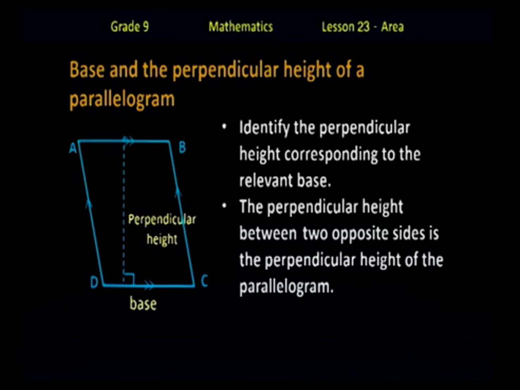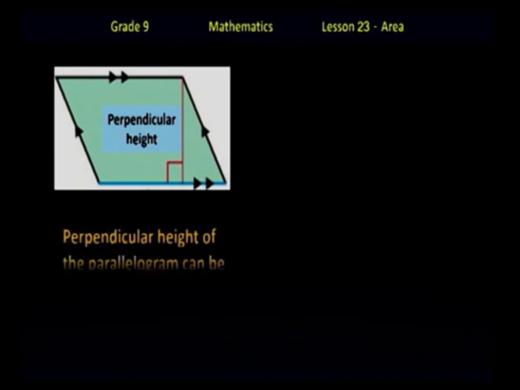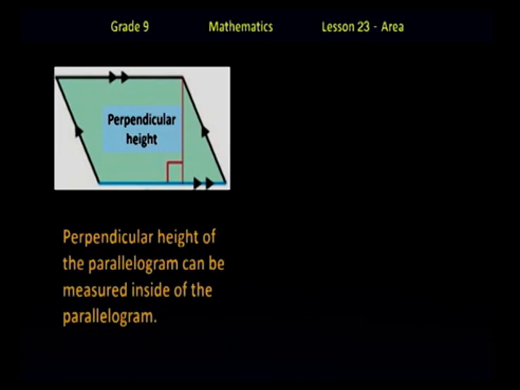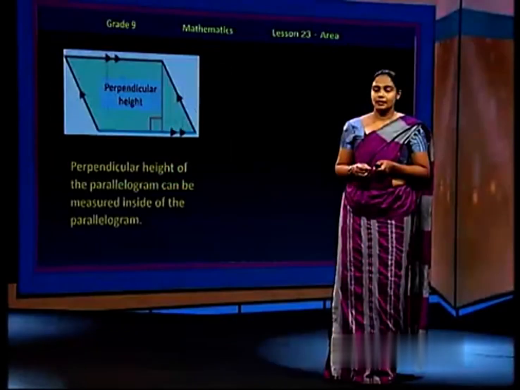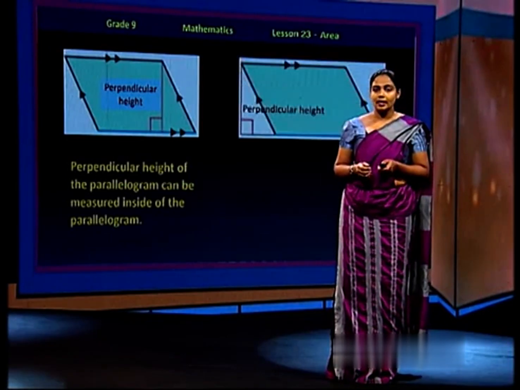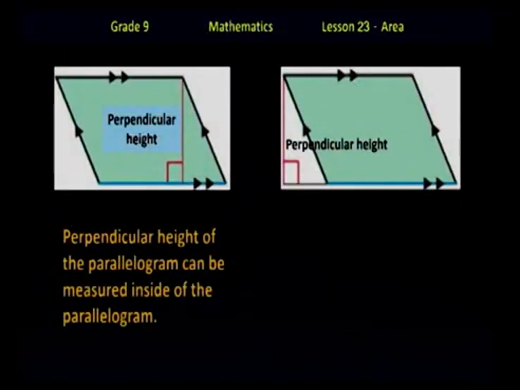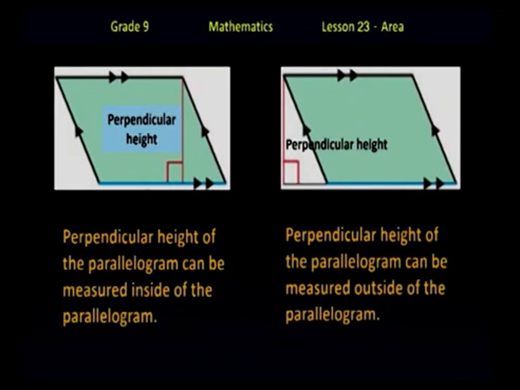Now let's see this one. In this diagram, you can see the perpendicular height. The relevant base is highlighted in blue, and the perpendicular height is drawn inside of the parallelogram. Now what has happened in this diagram? Where is the perpendicular height? It is drawn outside of the parallelogram.